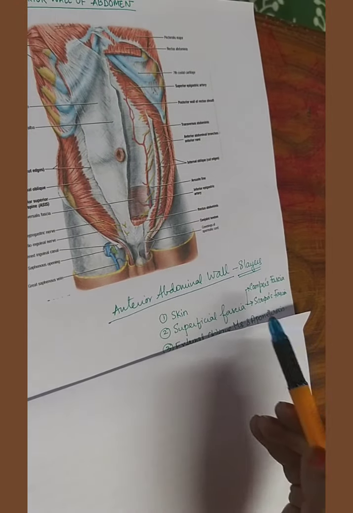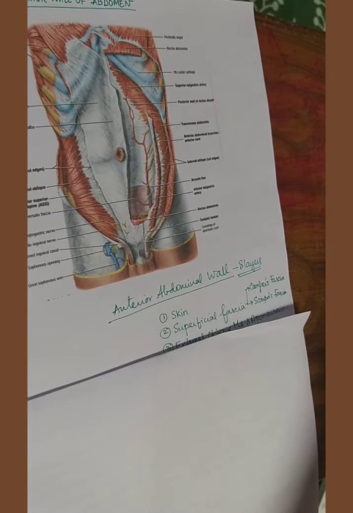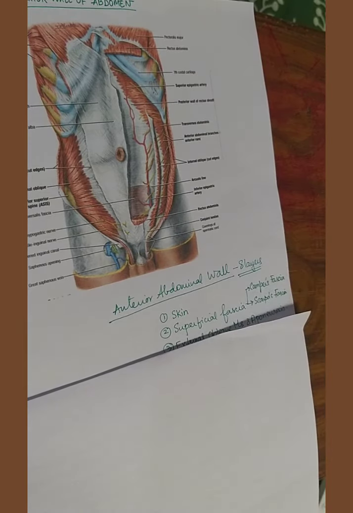Just note that the superficial one is Camper's fascia. C comes first. The deeper is the membranous layer, which is Scarpa's fascia, and there is a potential space between these two layers. What structures are present between them? They are the superficial epigastric, superficial circumflex iliac, and superficial external pudendal vessels.